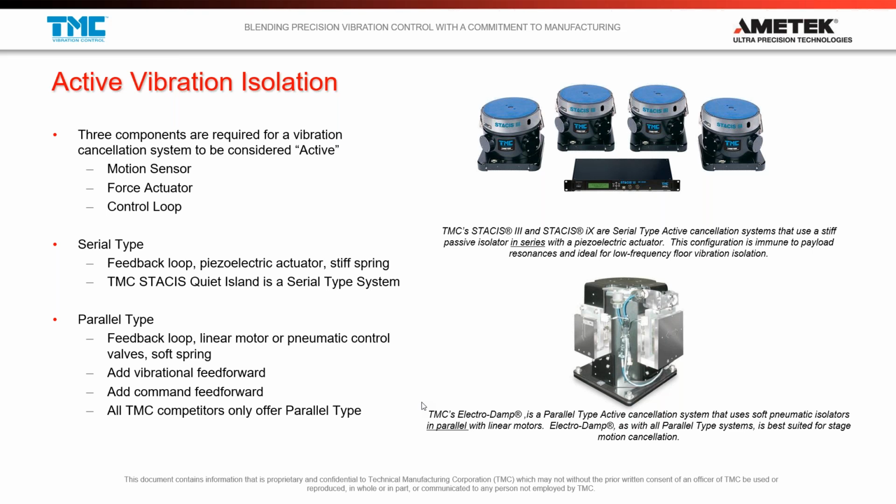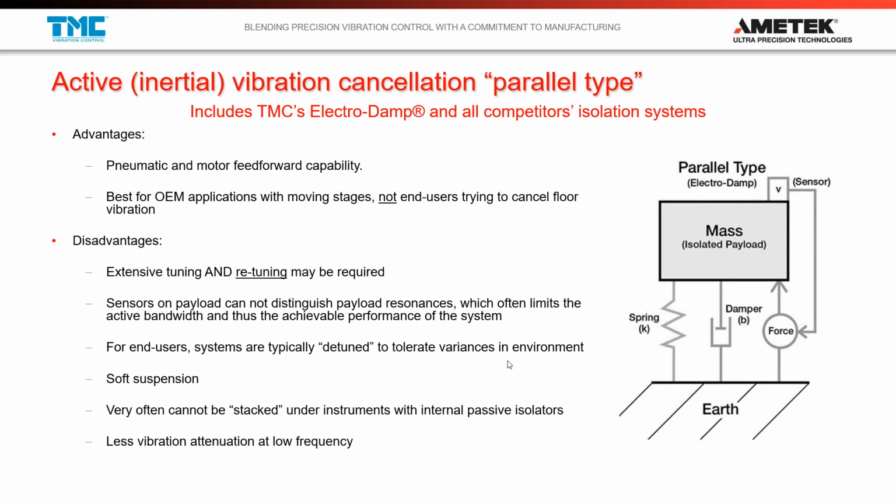We make serial type systems to support payloads from underneath and cancel out floor vibration, but we make parallel type systems to cancel out motion on the payload, and it has to be a known motion on the payload. So usually it's like a moving stage or something like that. So let's start talking about parallel type systems.